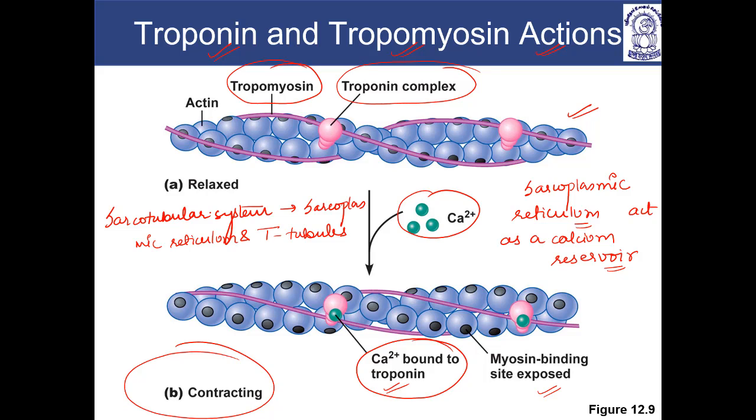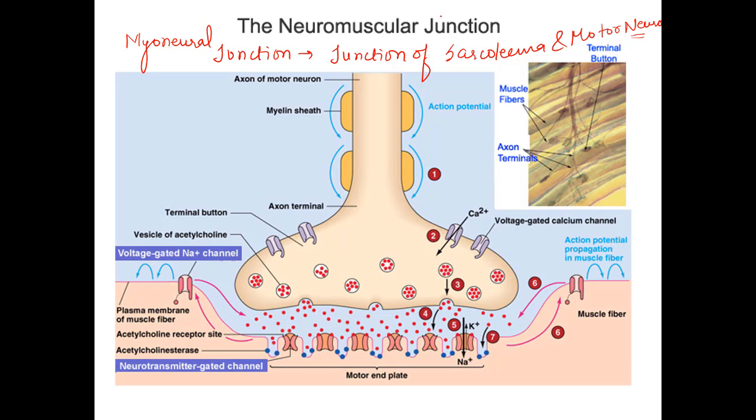Now we will talk about the neuromuscular junction, or we can say the myoneural junction. Here you can see the neuromuscular junction, in which this is the myelin sheath, the axon of a motor neuron. The generation of action potential makes the nerve reach its spike potential, or the depolarization of the nerve, which releases the calcium ions.